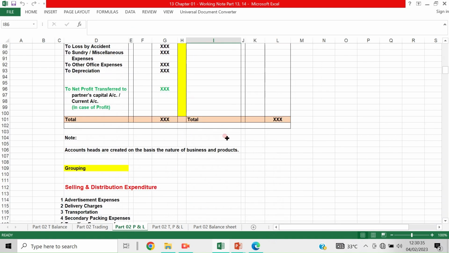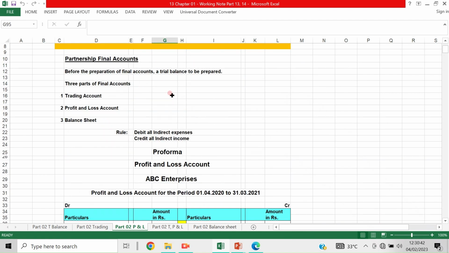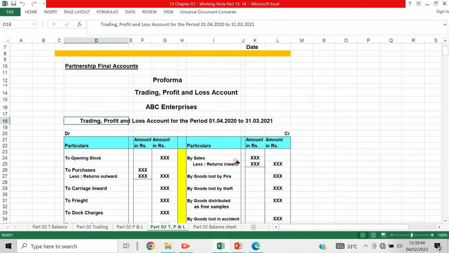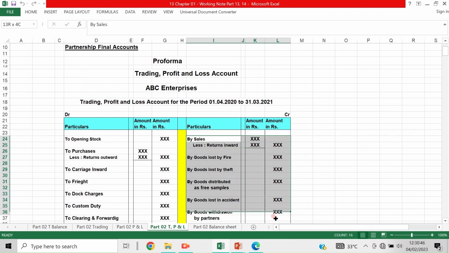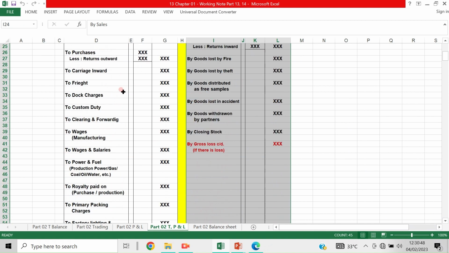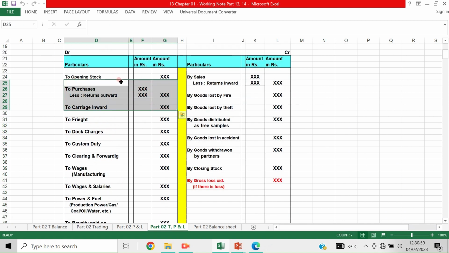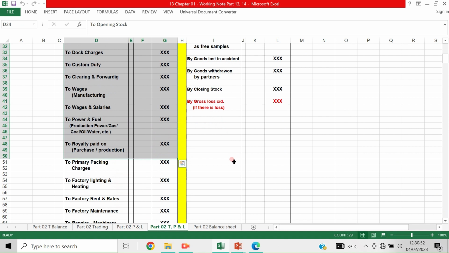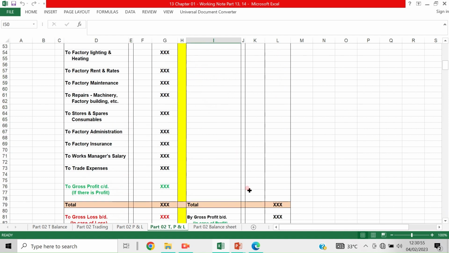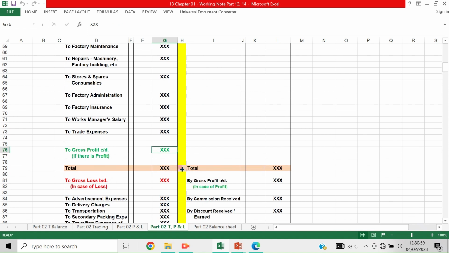In the trading account, if the direct income is more than the direct expenditure, there is a gross profit, and that gross profit is brought down here to the profit and loss account.